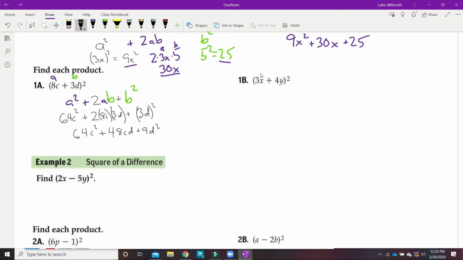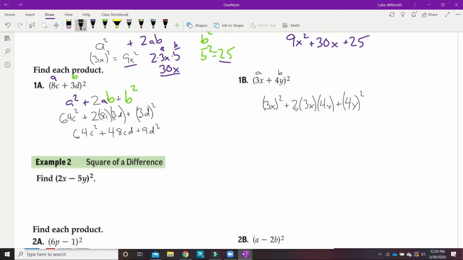Okay, on 1b, this should have been our a, this should have been our b. We should have had a squared plus 2ab plus b squared. B squared in this case is 4y.